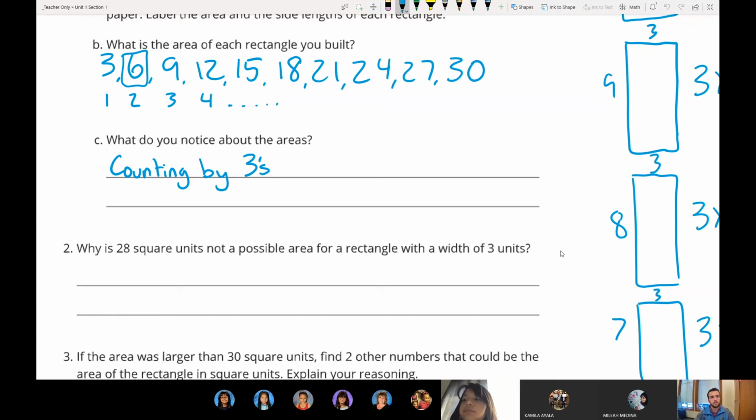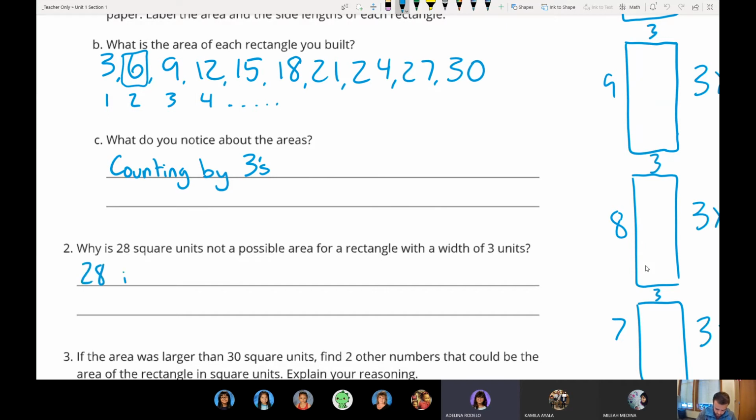Any ideas? Adelina? Why is 28 square units not a possible area for a rectangle with a width of 3? Because if you skip count by 3s, I don't think 28 is in the skip count.